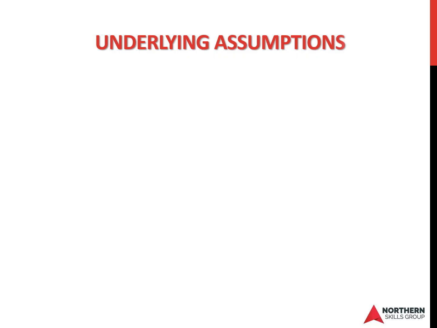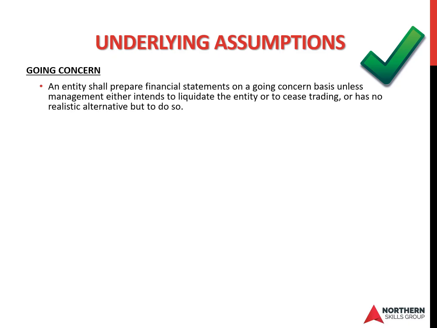And then finally, the conceptual framework lists some underlying assumptions that people always assume apply to the figures that they're looking at in a set of financial statements. Firstly, the assumption that the accounts have been prepared on the basis that the business is going to continue in the future. That's the going concern basis, and that's perhaps the most important assumption.